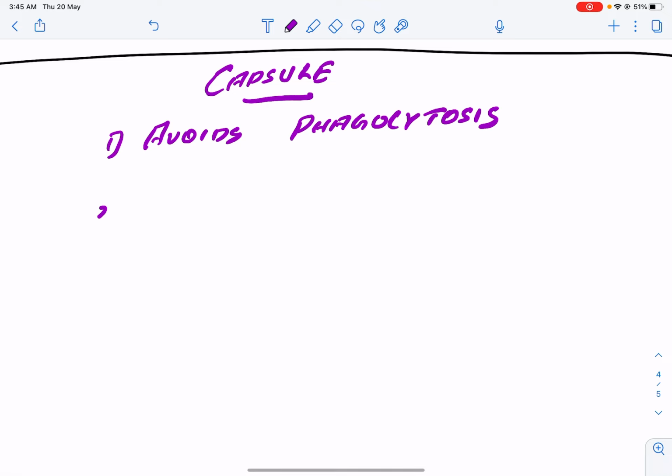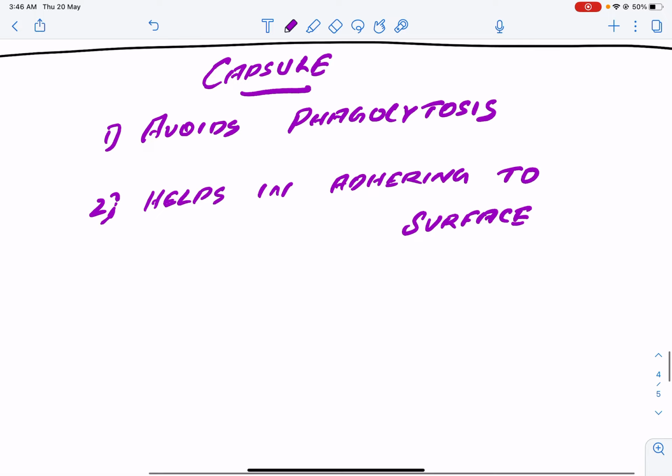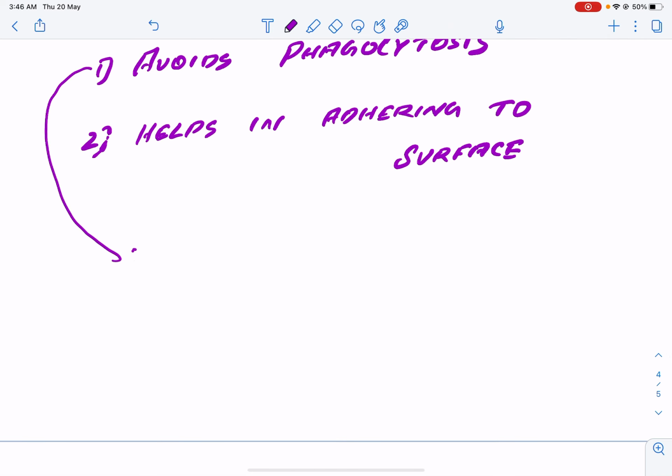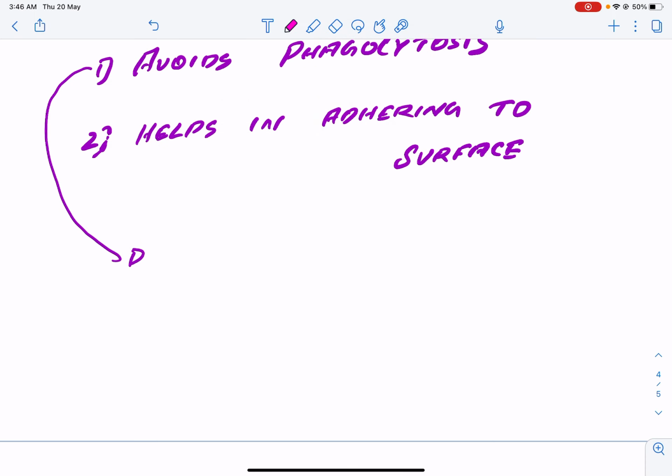Second thing, it helps in adherence, adhering to surfaces. These are the main functions of the capsule. They avoid phagocytosis by preventing opsonization.